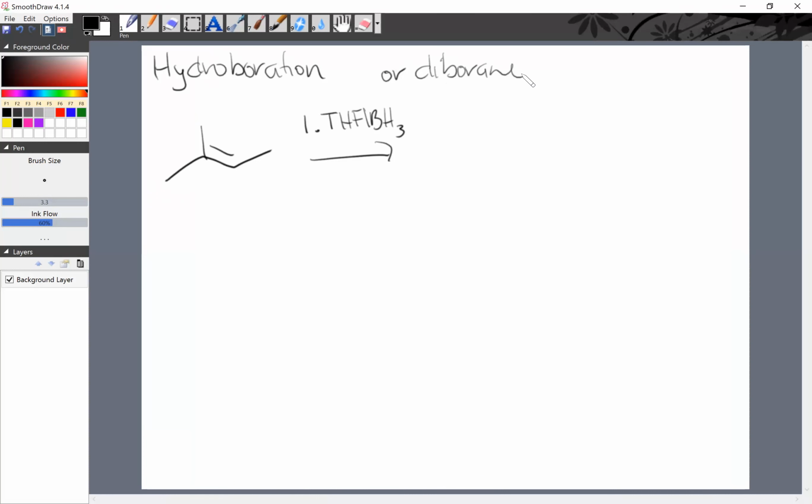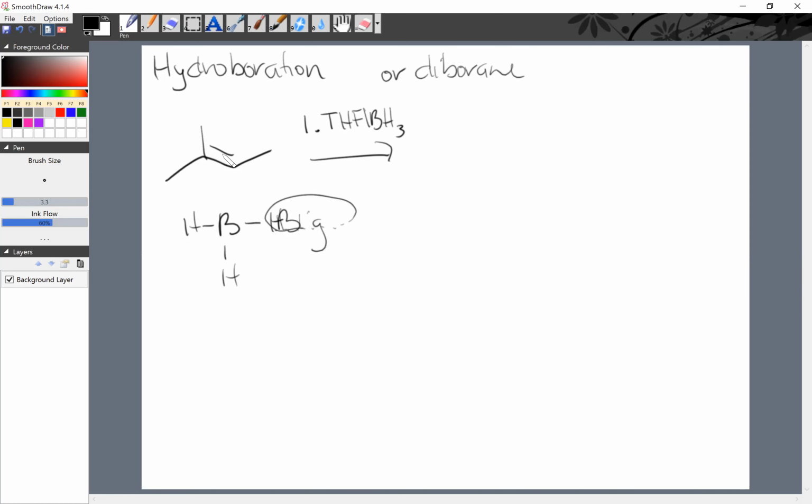Okay, now the key here is this is going to come, and I know this is a really horrible, horrible picture, but we're going to picture, all right, it has an attachment that's big. So the diborane has a really big part, or if you attach the BH3 to the THF, so there's a big portion.